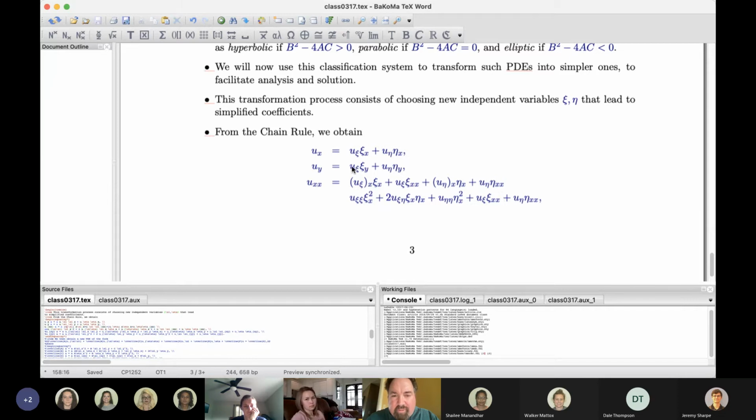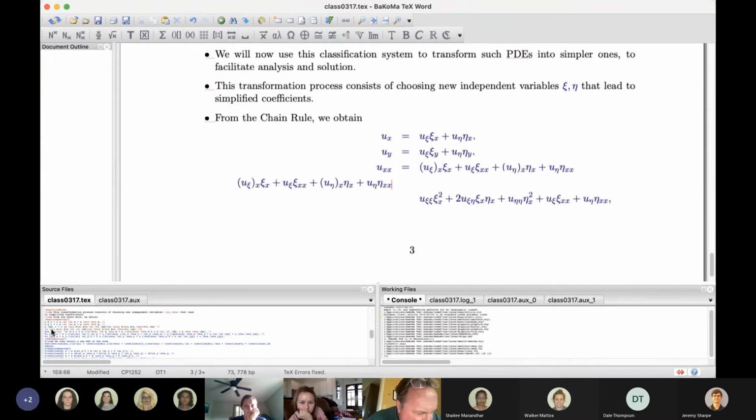To work out the rest of it is where I'm using this formula again, because here I have derivative of u with respect to ξ and then with respect to x, but I can swap these. I can take derivatives in whatever order. We're assuming appropriate continuity of certain partial derivatives to do that.